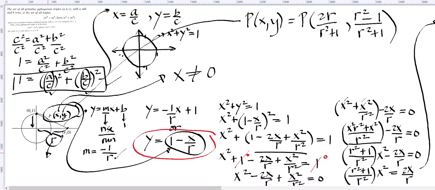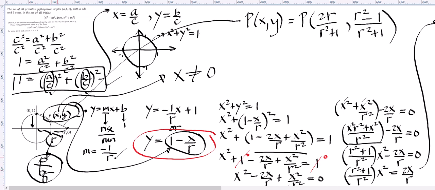Now we can go back to finding the formula for Pythagorean triples. Since we are here interested in finding the coordinates of a point on the circle such that that circle has a radius that is not necessarily equal to 1, we want r here to be a rational number. So let r be the rational number having integer numerator and integer denominator.